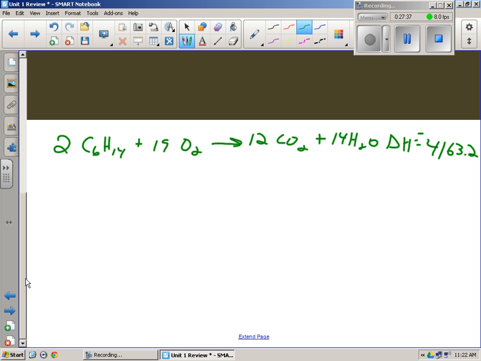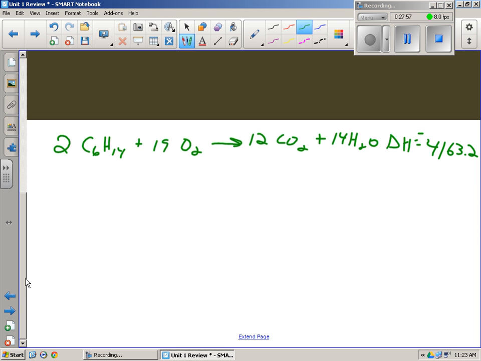Remember, what they're telling you is that if you burn 2 moles of this product, you get 4163.2 kilojoules of energy released for every 2 moles. Well, you're not burning 2 moles. In fact, I don't know how many moles we're burning. It says here we want to release only 500 kilojoules of heat. So I want this to be 500 kilojoules.